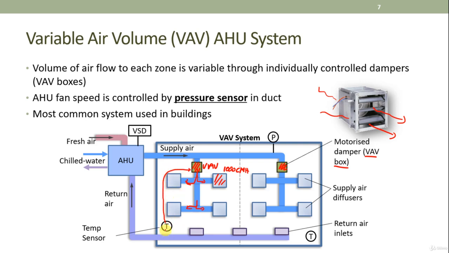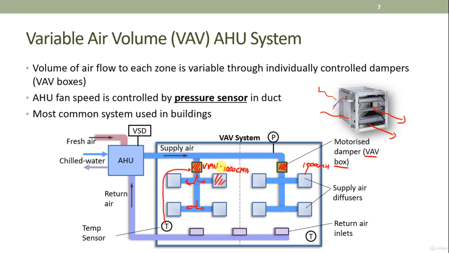The temperature sensor will control the damper position. You can do it for one zone, and the other zone can still have 1000 cmH, so you don't have to affect the other. Each individual VAV will take care of its own area.